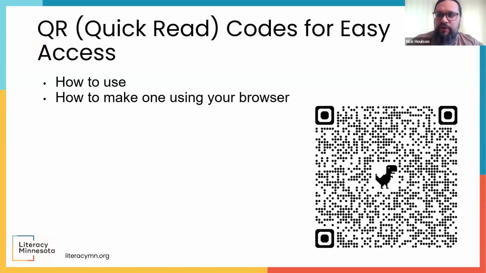A common joke I see online is that people hate it when QR codes are used for restaurants. Some people say, hey, give me a normal menu. But I'm here to encourage QR code usage, especially in the classroom. It used to be several years ago that you would need a special QR code generator.